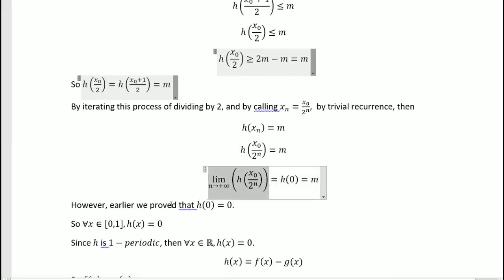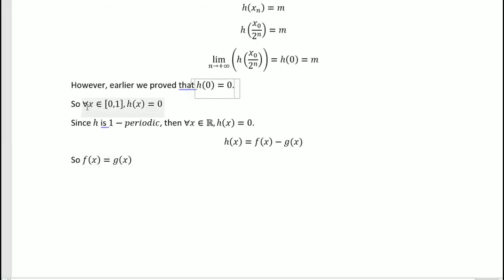However, we already proved that h of 0 equals 0. So we know that for x inside (0, 1), h of x equals 0. So the function is identically equal to 0. But since h is 1-periodic, for all values of x in the reals, h equals 0.